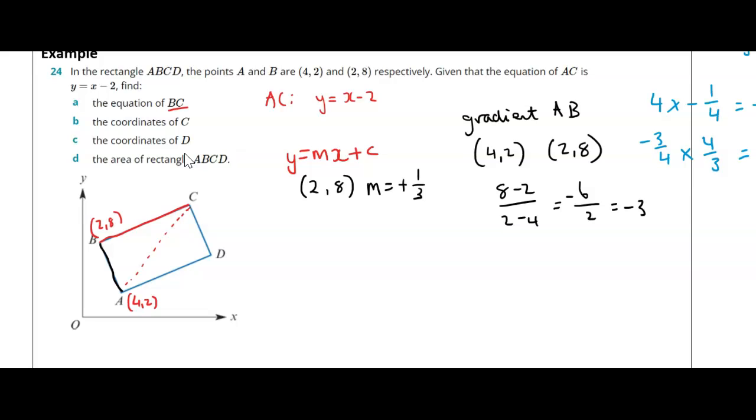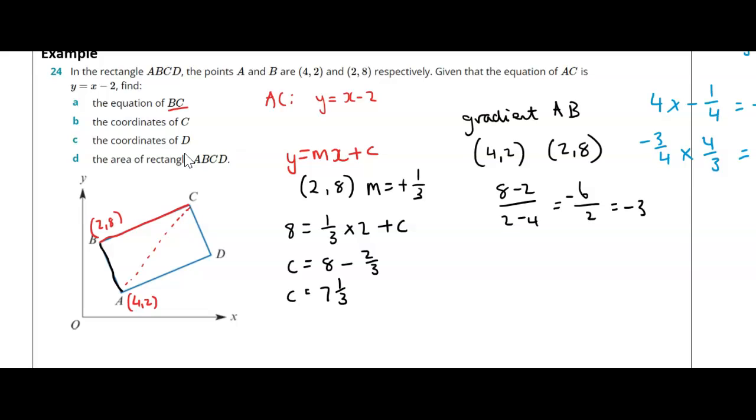So we can substitute those values into this linear equation. You can do it on your calculator. We've got 8 equals 1/3 times 2 plus c. So c is equal to 8 minus 2/3. What is that? 7 and 1/3.